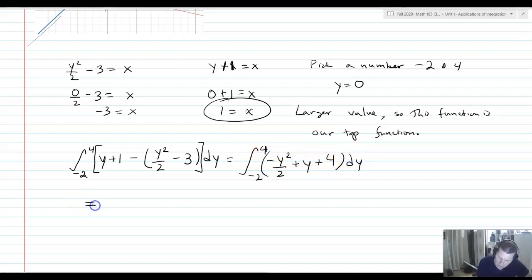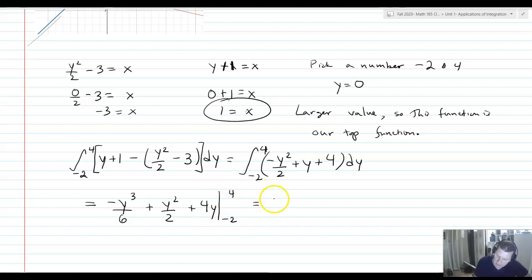And this then, when we integrate, we'll use some of our power rules. It's going to end up being -y cubed over 6 plus y squared over 2 plus 4y, and that'll all be evaluated from -2 to 4.